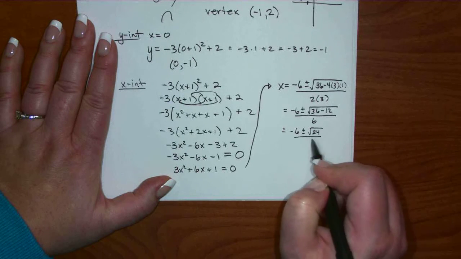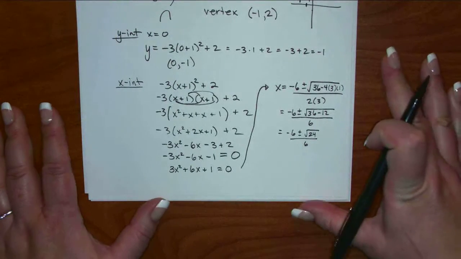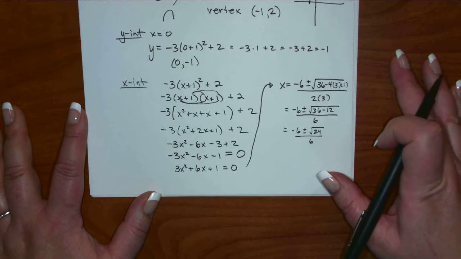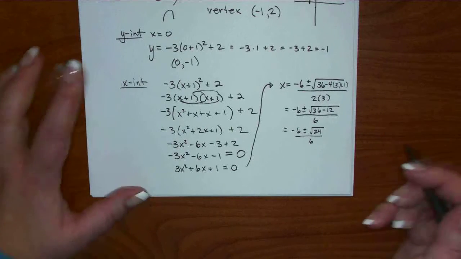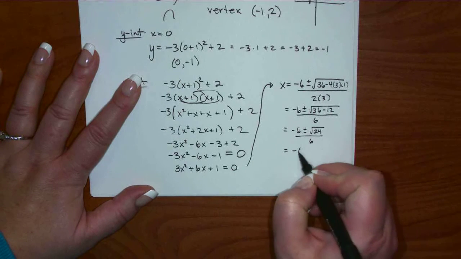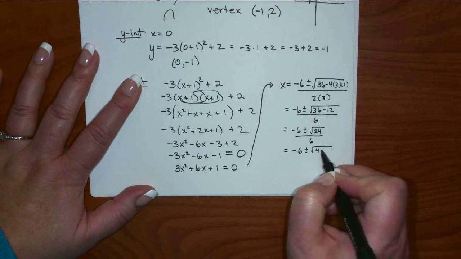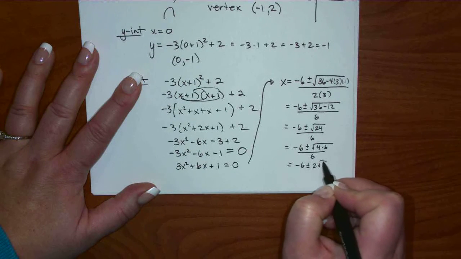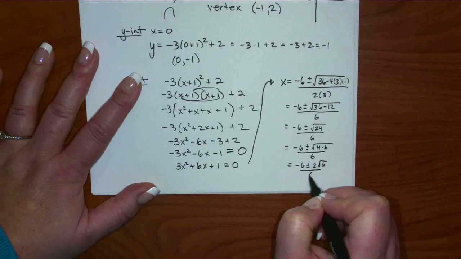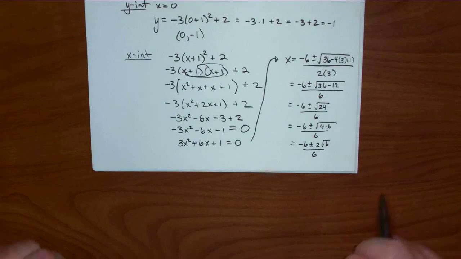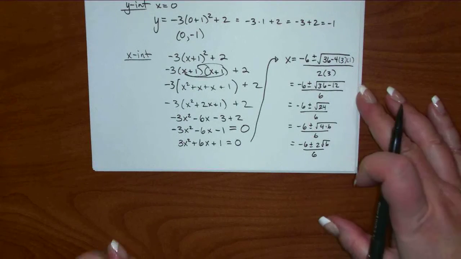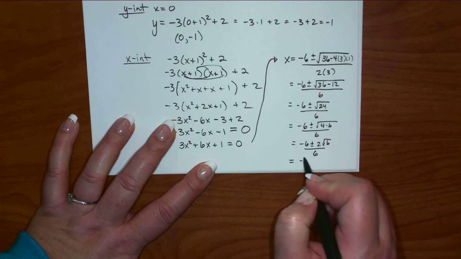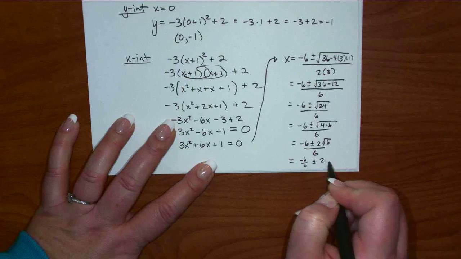Does 24 have something that we can do the square root of? 4? 4 times 6? 6, we don't know the square root, so 4 times 6, 2 root 6. This has fractions in it. The 6 will cancel, but that 2 won't. So we'll have minus 6 over 6 plus or minus 2 root 6 over 6.